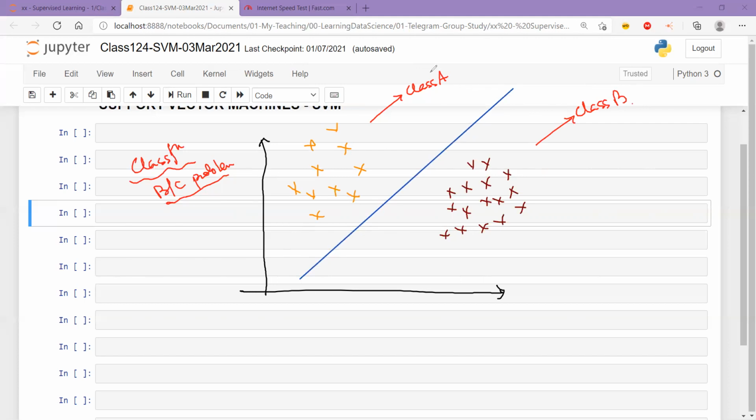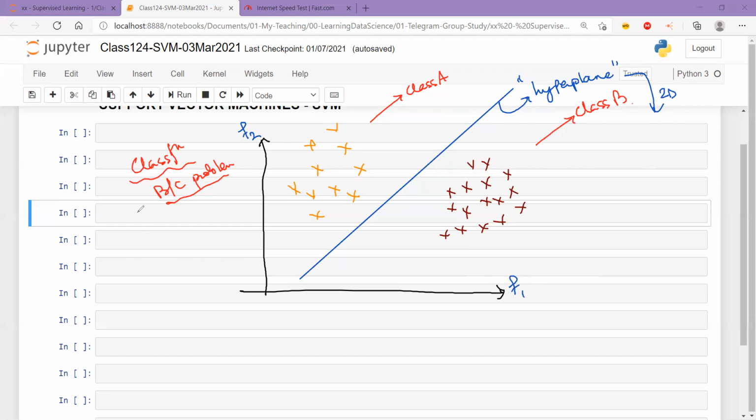I'm going to call this line a hyperplane, and I'm going to revise also why I called it a hyperplane. If I look at it from a two-dimensional geometry, where I should not actually say x-axis and y-axis, let's say these are two features, f1 and f2.